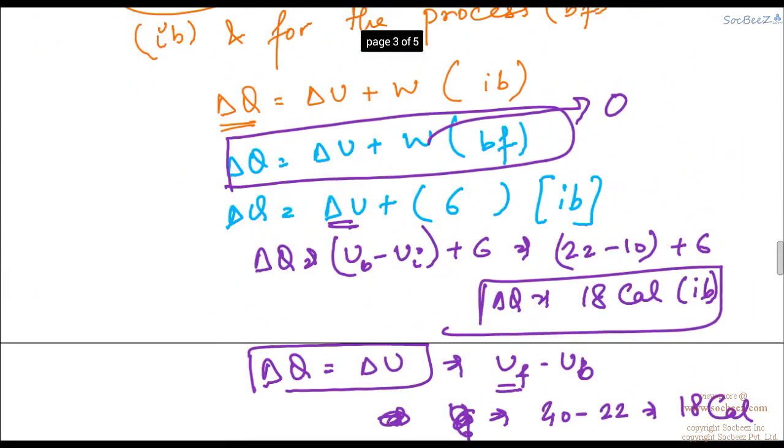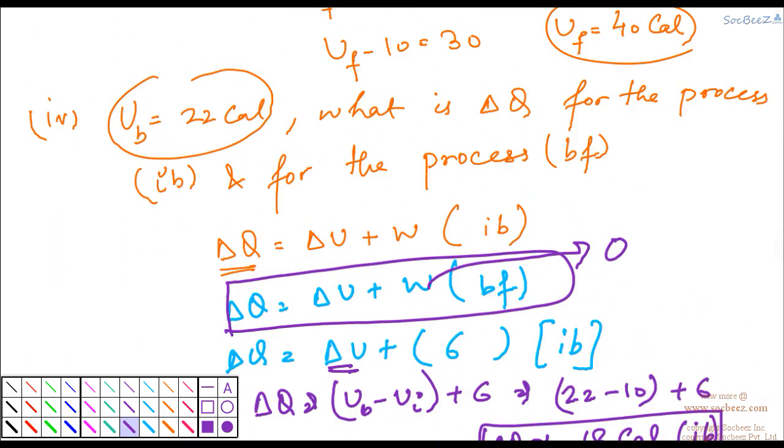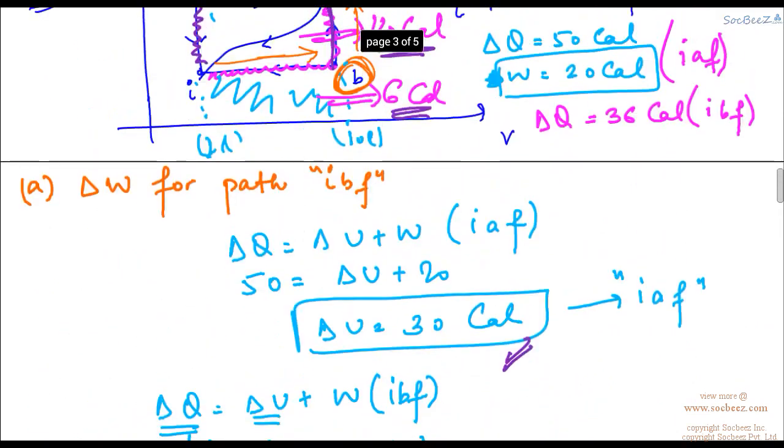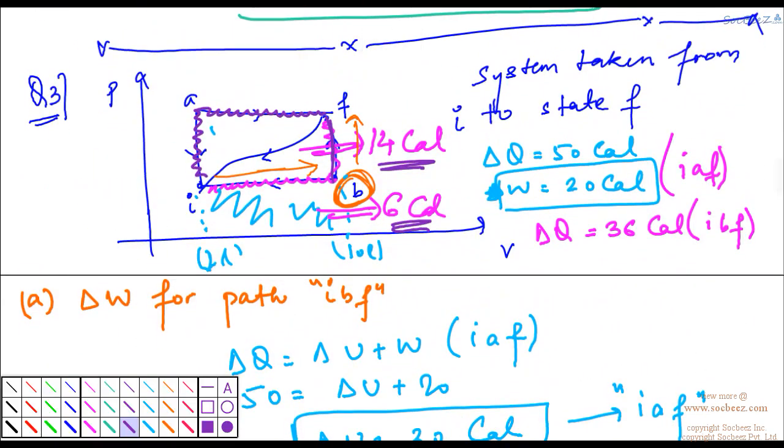And the last part, we split a given process into two parts. So for each and every mark in the process, or smallest process possible in the graph, you can define the delta Q, delta U, and the work done. Okay. So there was a tough question. It would have been a tough question if we had to find directly the area under this curve.